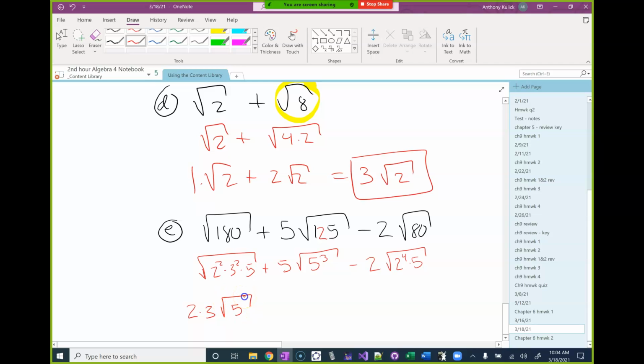Because 2 to the fourth is really 2 squared and 2 squared. So now I have 3 2's on the outside and the 5. So far, so good. Plus 25 root 5 minus 8 root 5. 6 plus 25 is 31. Minus 8 is 23.